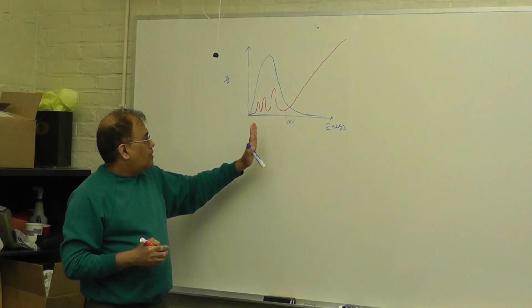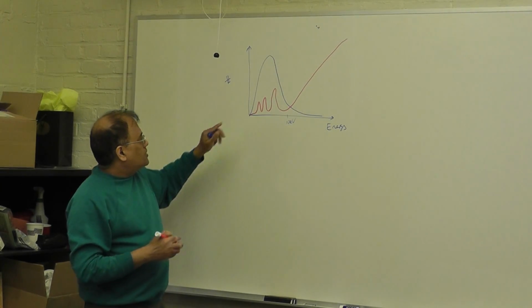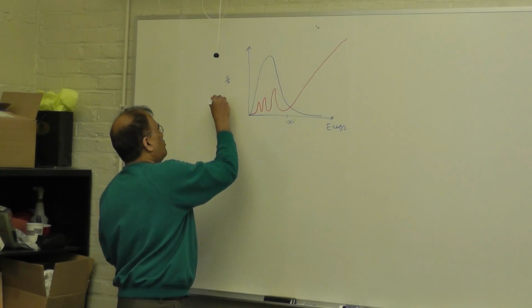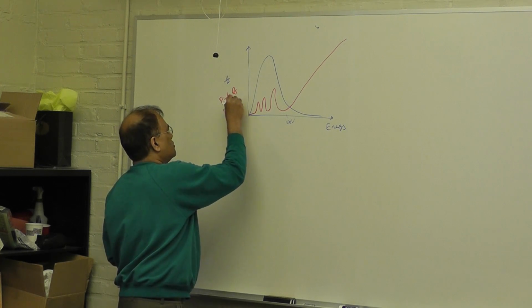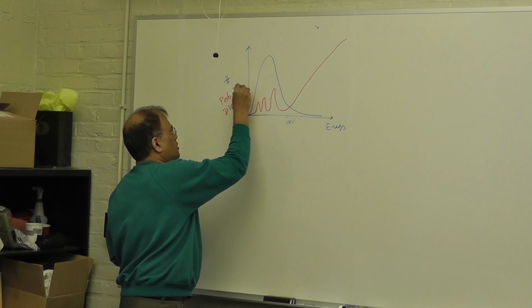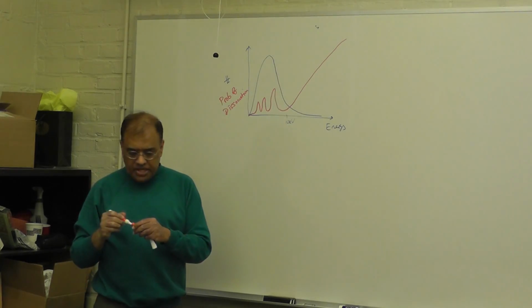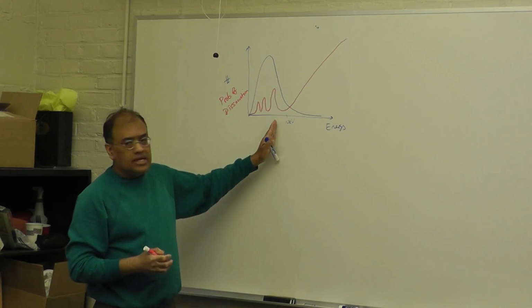So this red curve is the probability of dissociation. Okay, for any generic molecule, this is what you would typically see.